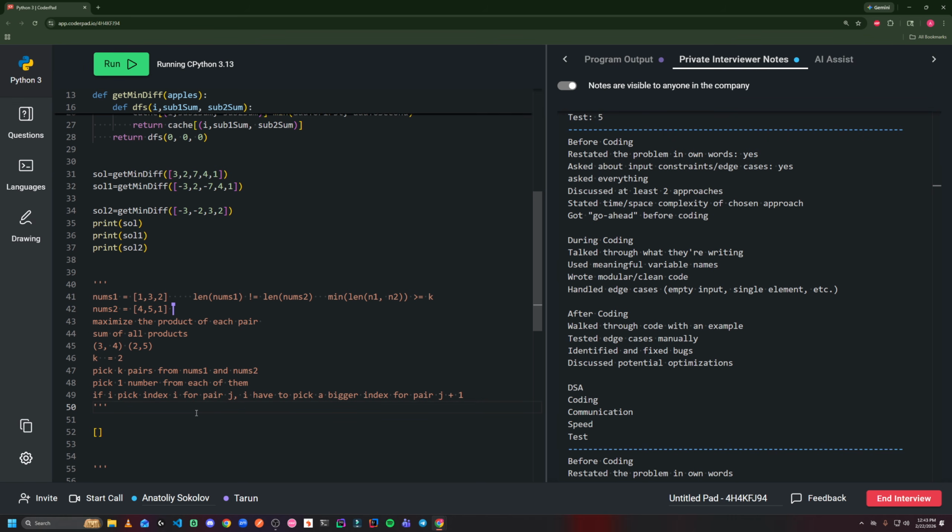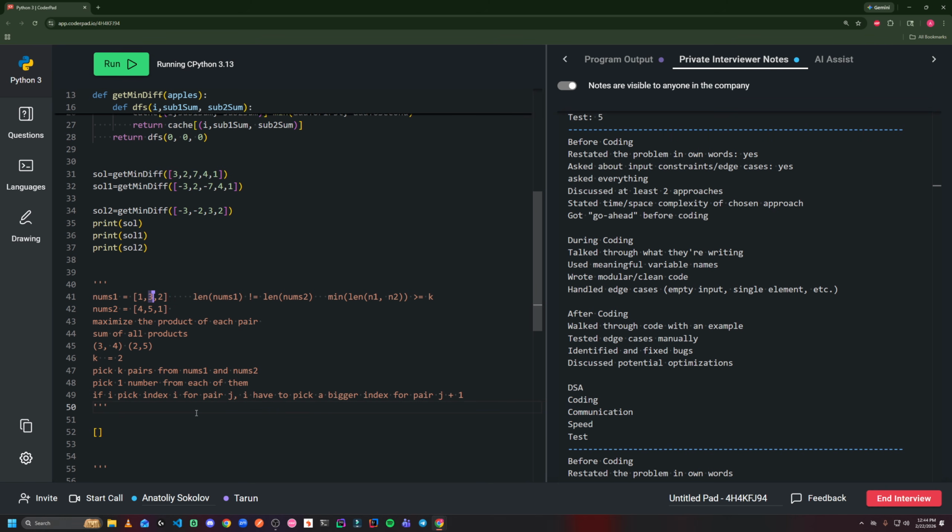So I'm thinking, for example, if I compute for each number, every number in the nums, I get 1 4, 1 5, 1 1, and also I can skip this number. So for every number you'd get all the numbers in the other array, and you would skip it, and you would try everything. What would be the time complexity of that?